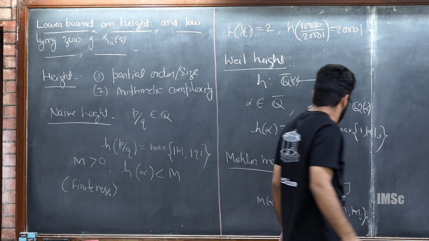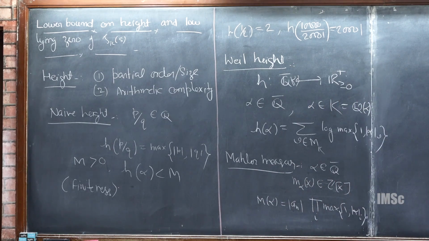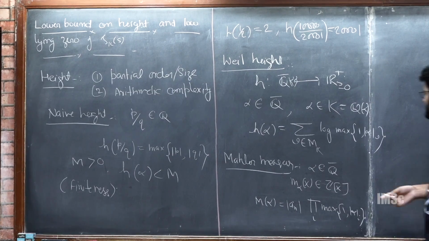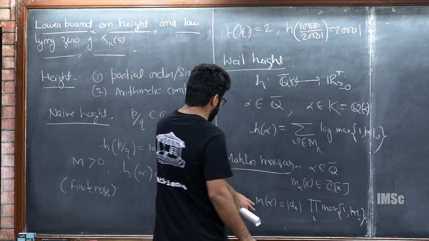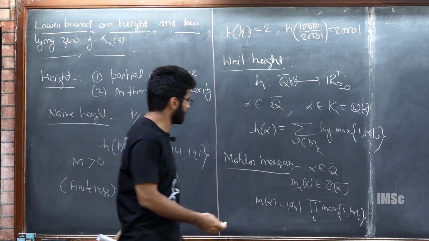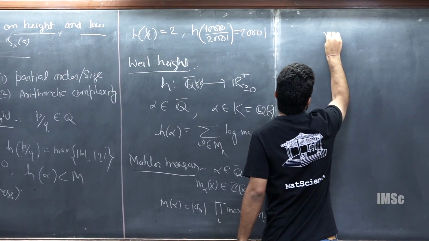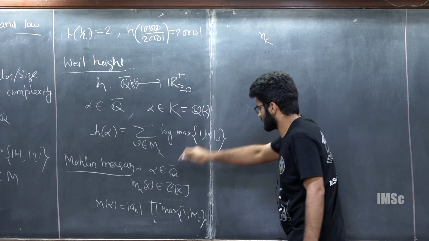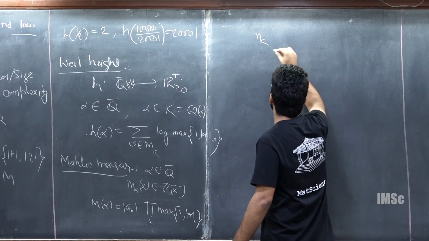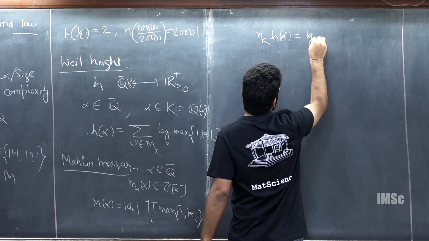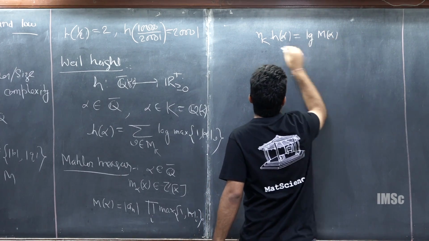In some sense the Mahler measure is measuring how many zeros are lying outside the unit circle, and there is a nice connection between Mahler measure of alpha and height of alpha. Let's call n_K the degree of alpha. Then this degree times the height of alpha is given as log of the Mahler measure of alpha.